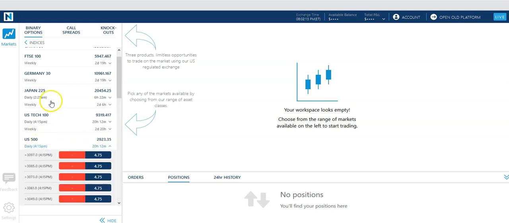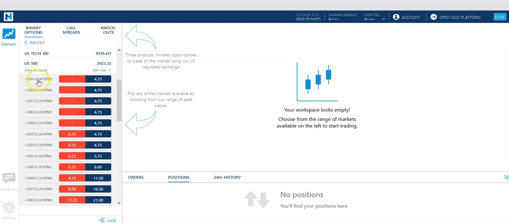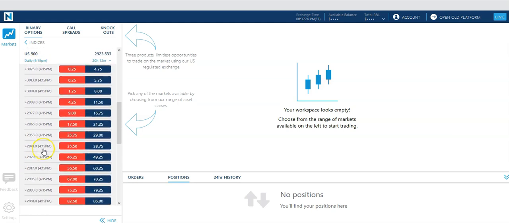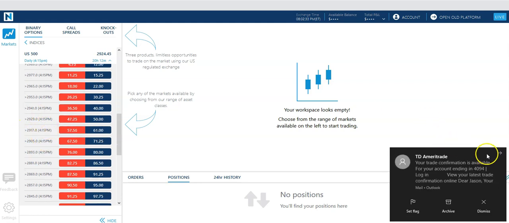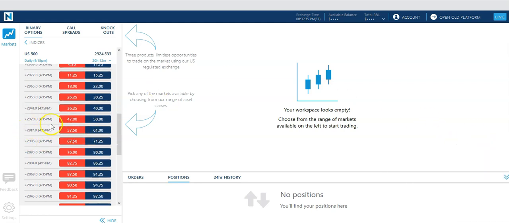If we come over here and click the daily, we have all these strikes. Essentially, the way Nadex works is, do you think it'll close above or below a certain price? So if we look at 29.23, let's try and find the closest one, and we'll look right here at 29.29.